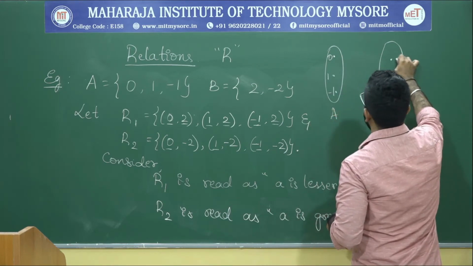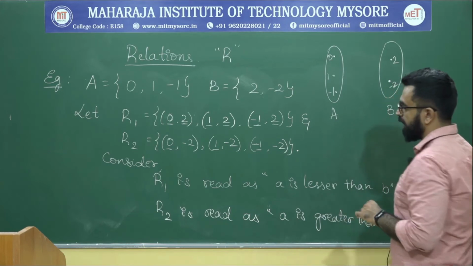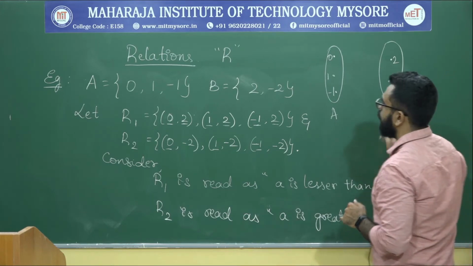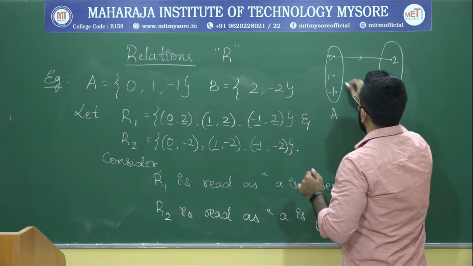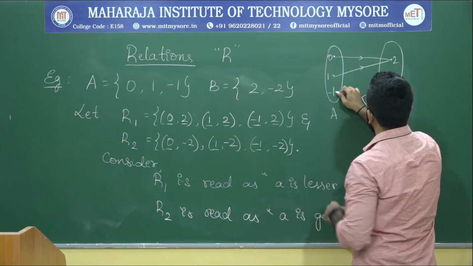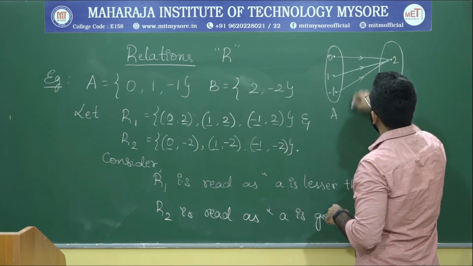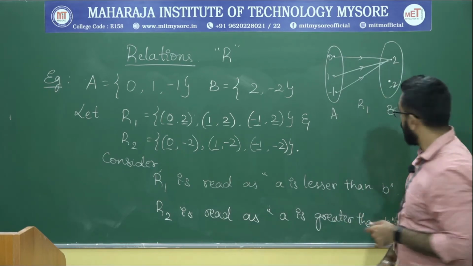Similarly, I have two elements here, 2 and minus 2. Now, the relation R1: 0 is related to 2, 1 is related to 2 and minus 1 is related to 2. This is your R1.